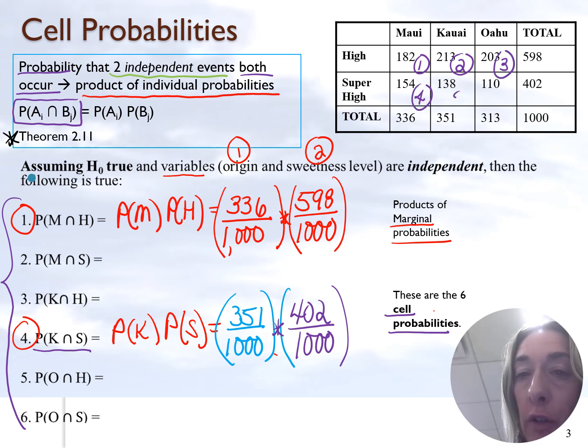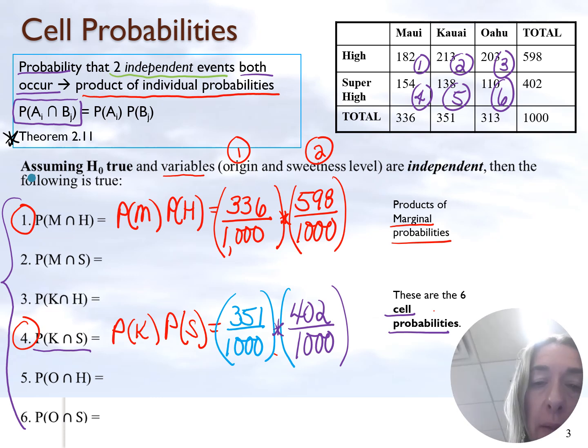A cell occurs at the intersection of a particular value of your column variable, in this case Hawaiian Island, and sweetness rating, high or super high. These cell probabilities, which we obtain by taking products of the marginal probabilities of these independent variables, we will be using in our test of independence.